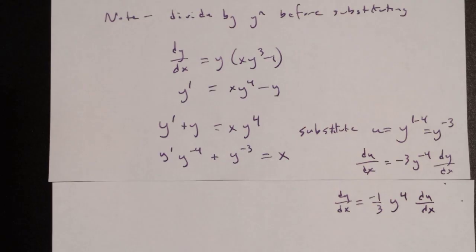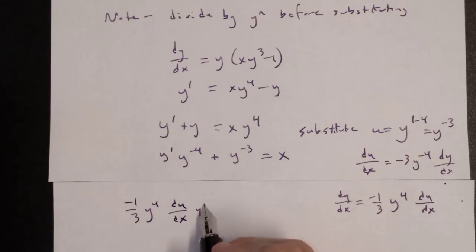Now you're looking at me like I'm an alien. I understand that. But watch what happens when I do these substitutions over there. Y prime is right here. Write down y prime. Then there's a y to the minus fourth.